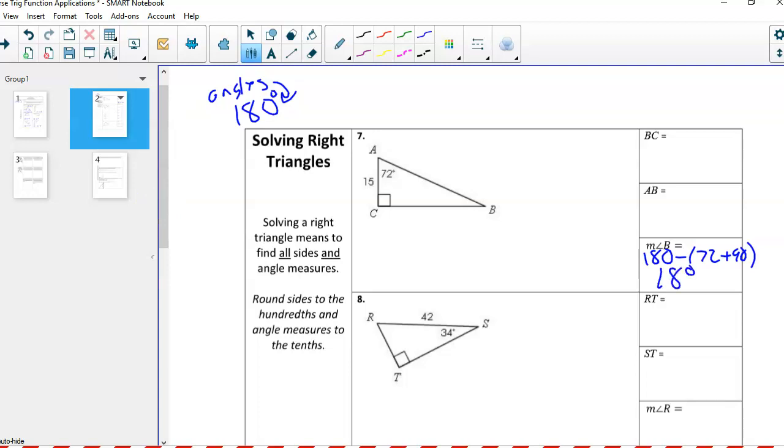And now that you have both of those angles, to find your sides, you have different options. So with the angle you're given, if we're looking for CB, we could take tangent. And because we already found 18, we could also have taken the tangent of 18.